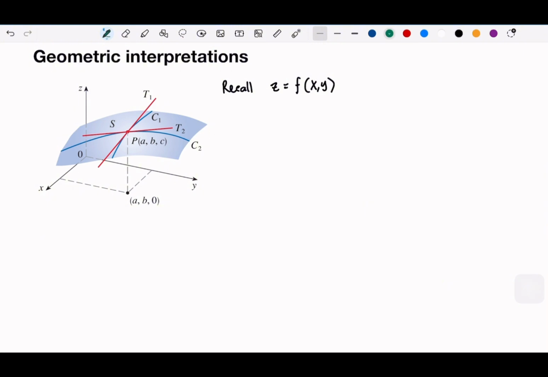This is going to represent a surface, the surface S, okay? In the picture you have S, right? And the point P at the point a, b, c is on the surface, right?